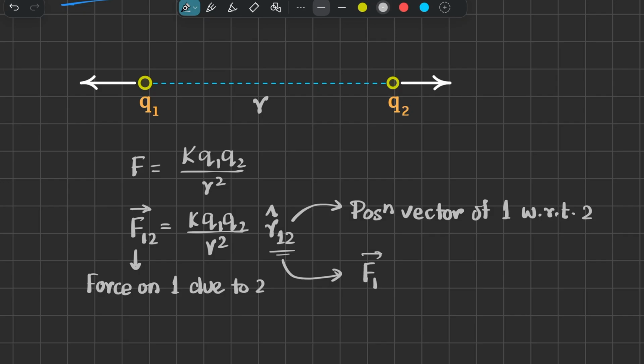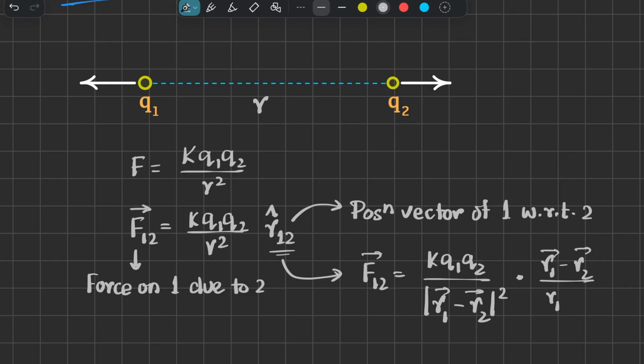See, F12 I can write as K q1 q2 by the magnitude square, where the magnitude I am writing as |R1 minus R2|, this is the magnitude square, and the R12 unit vector I can write as R1 vector minus R2 vector by the magnitude of R1 vector minus R2 vector.